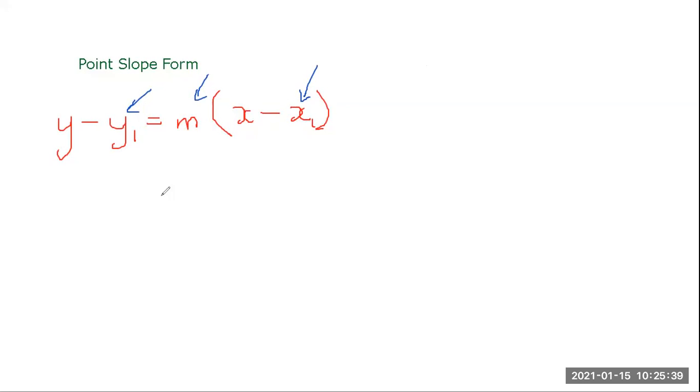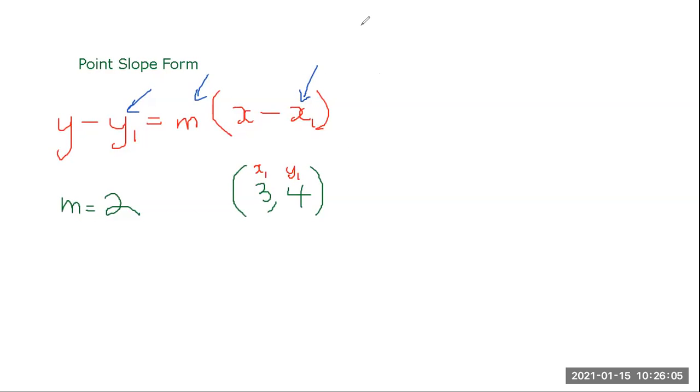All right, so for example, if I say the slope of a line is 2 and it goes through the point 3, 4, I will label these as x1 and y1.